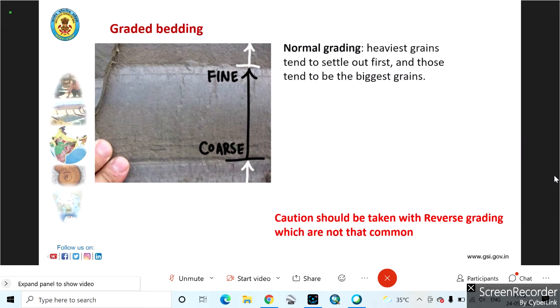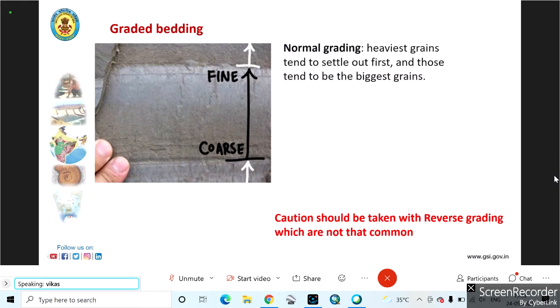Similarly, graded bedding is also one of the ways. If it's a normal grading, then coarse to fine upward will be happening. The coarser sediments, being heavier, will settle downward, and the finer will settle afterwards. And this can indicate a younging up direction. But we should always be very careful, because reverse gradings are also a thing.